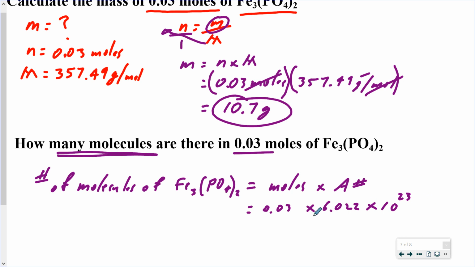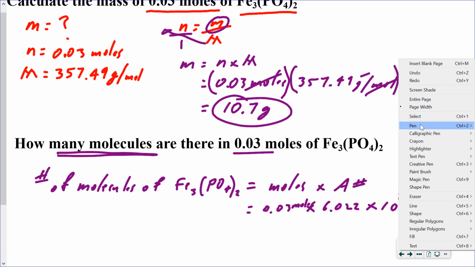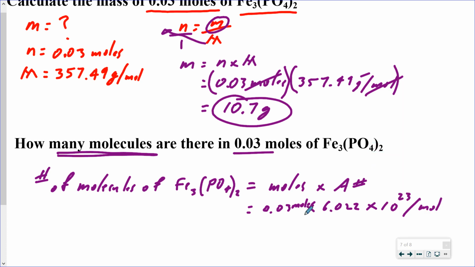So this is the number of anything per mole. If we have this many per mole and we have this many moles, our moles are going to cancel out in this calculation. What we're going to be left with is the number of actual molecules that we have.